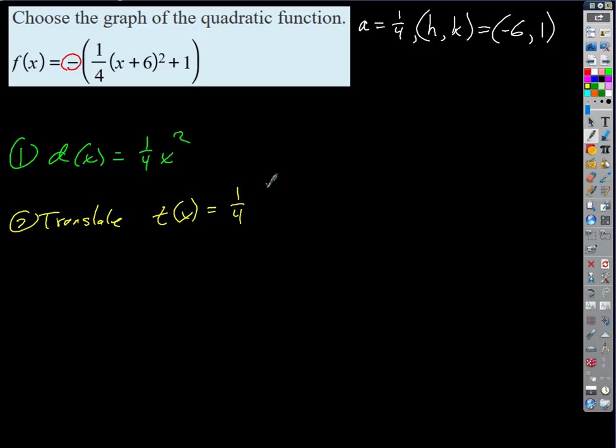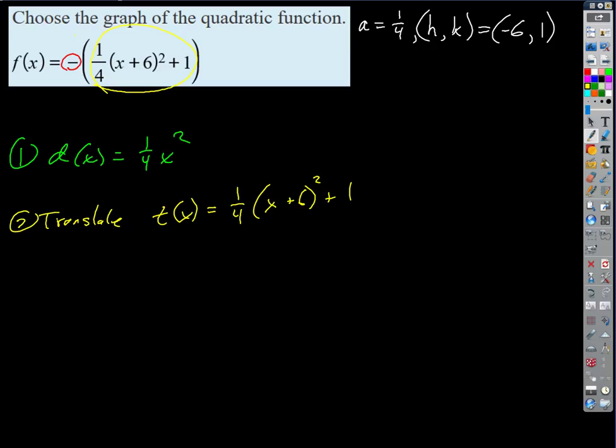How do I go left by 6? What do I have to do to make this thing go left by 6? Right, so this is telling me that h is -6 and k is 1. So if I want to add that information into vertex form, what's that going to look like? x minus -6, so plus 6, squared, plus 1, and there it is right there, isn't it? So that translates it.